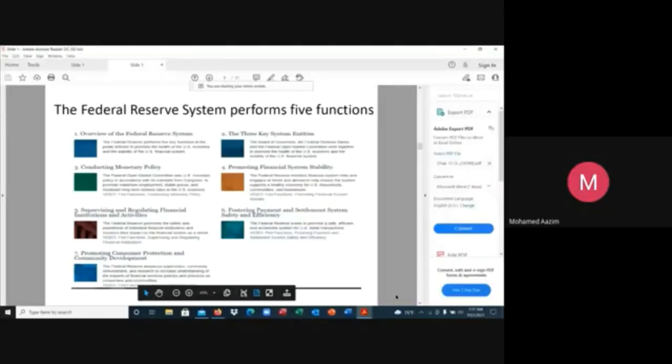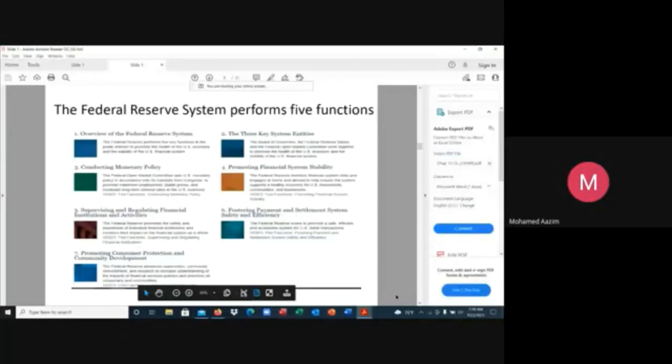And then the fifth function in the list here, that is number 5, supervising and regulating financial institutions and activities. And then they also have fostering payment and settlement system safety and efficiency.